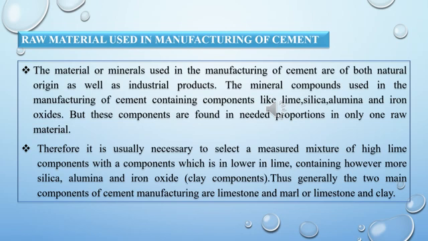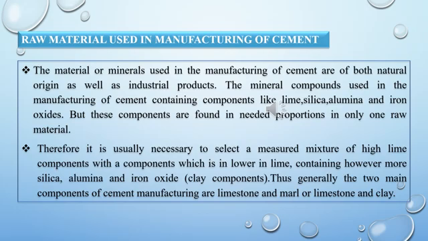So in the second point, he said that therefore it is necessary to select the major quantity of those ingredients, like selecting the component which is lower in lime, with more silica, alumina, and iron oxide.